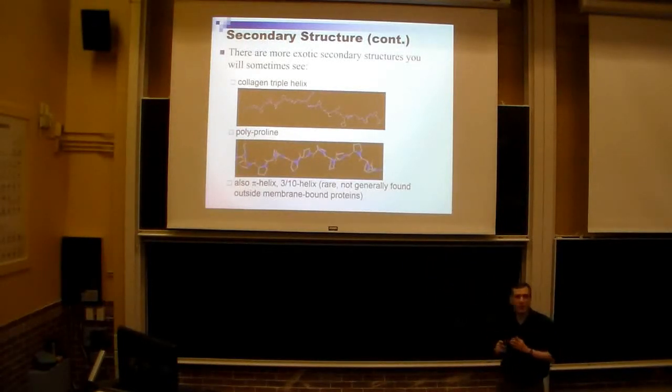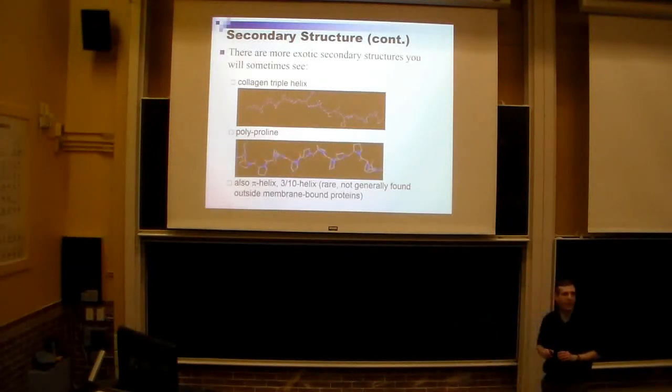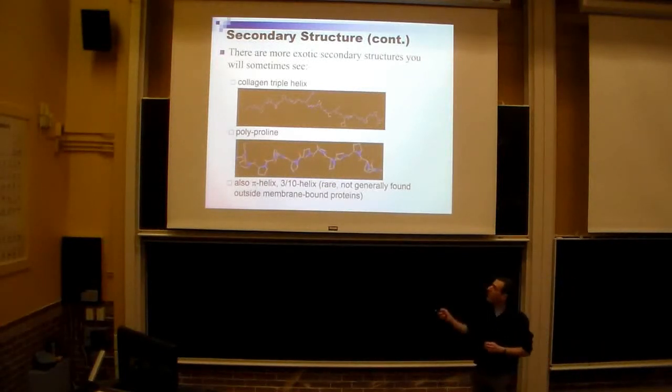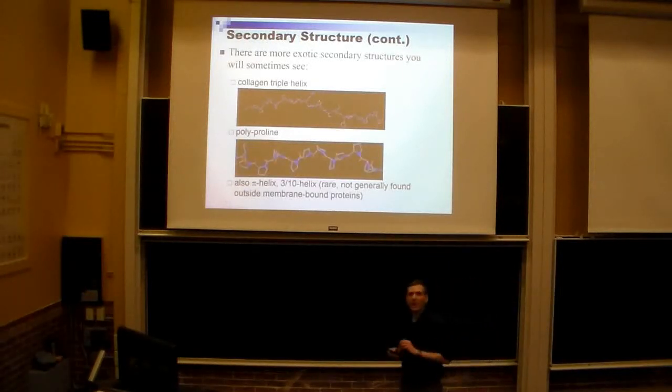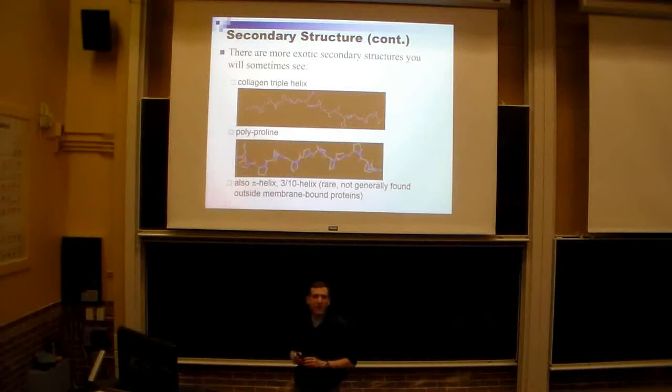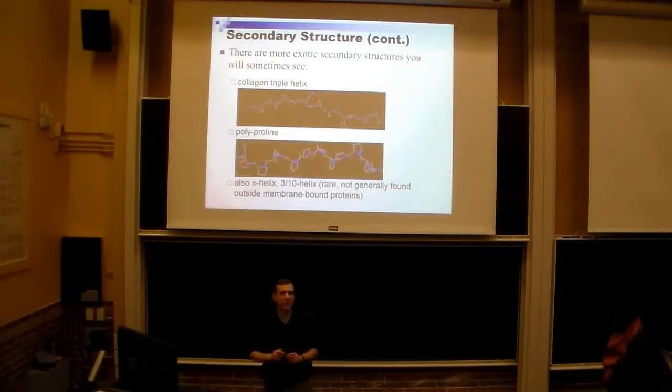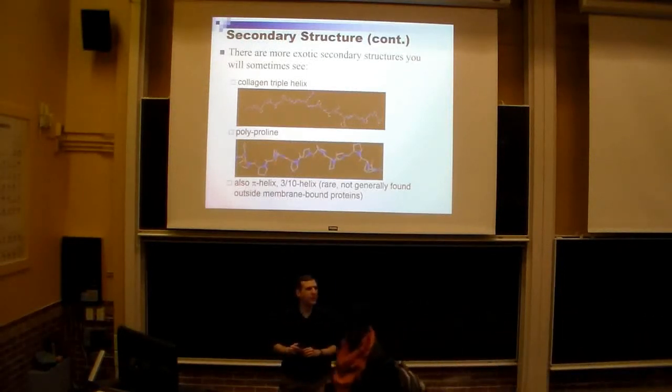And you see some proteins that have exactly that structure, as well as some more exotic ones I'm not going to go into that occur more rarely or in more unusual environments. So some kinds are found usually within membrane-bound regions of proteins and so forth. But for the most part, alpha helix and beta sheet account for what we refer to as secondary structure. So any questions about that?